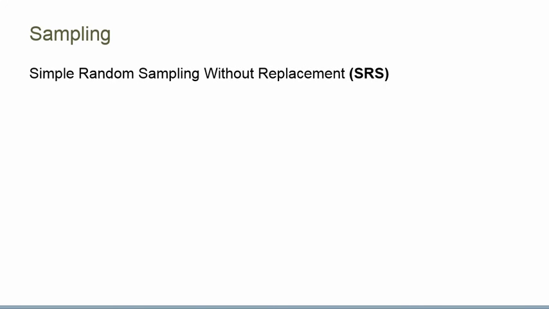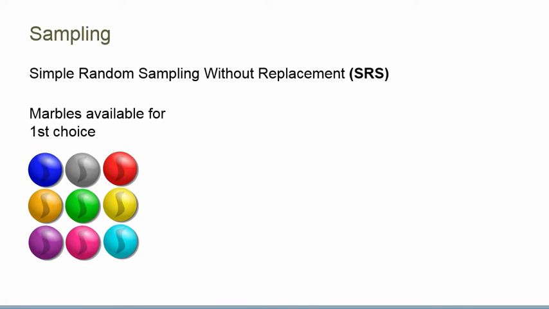In this sampling example, we want to talk about simple random sampling without replacement. We are going to use the marbles again. The marbles available for the first choice are 9: blue, silver, red, orange, green, yellow, purple, pink, and turquoise. Again, we're going to choose the pink marble.